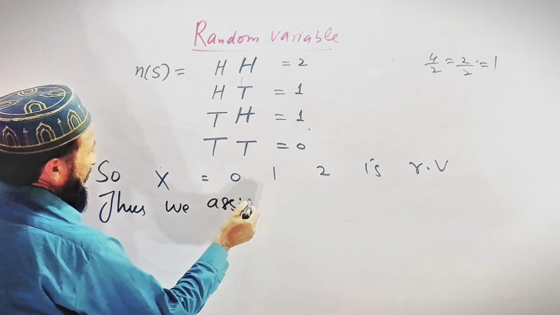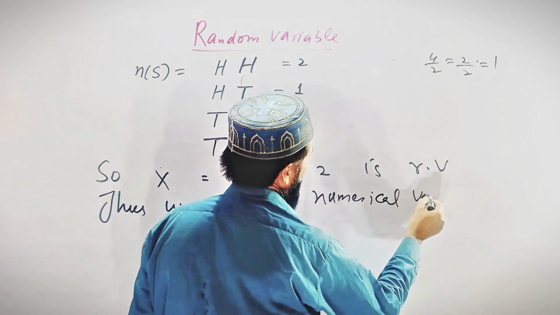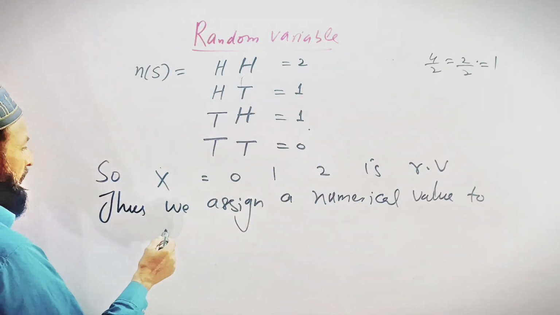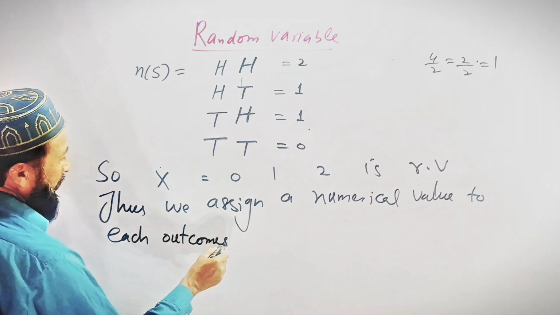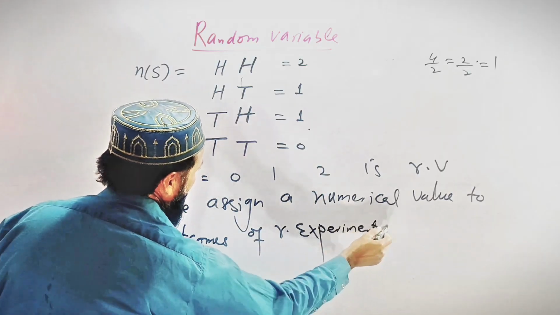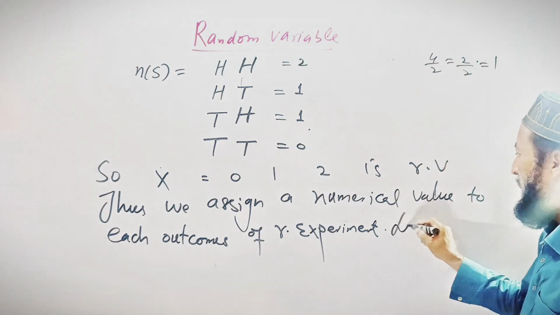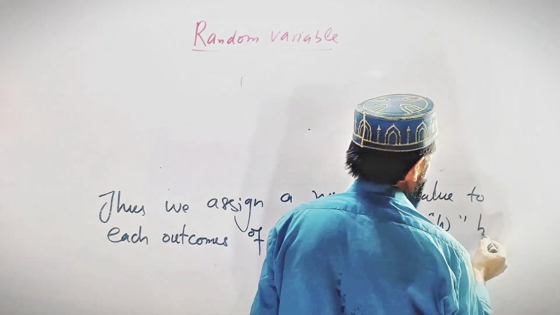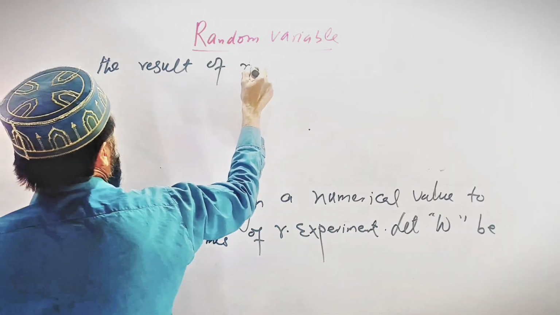Let us take one of the results: let W be the result of a random experiment.